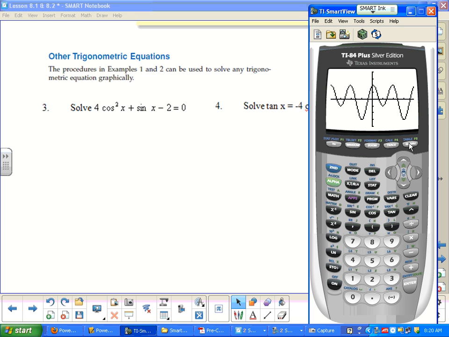We can see that it starts up here in the left corner, goes down, up, and then it repeats that same pattern. So the period here is going to be 2 pi. So I want to change my window to go from 0 to 2 pi. Now all I'm seeing is one cycle of the graph.